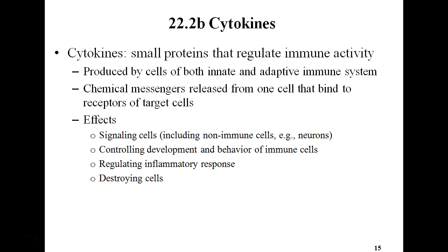We can think of cytokines as a sort of communicator between cells, because these cytokines are chemical messengers. They release a message that binds to the receptors of our target cells. So the effects are signaling the cells, controlling development of immune cells, and regulating an inflammatory response.